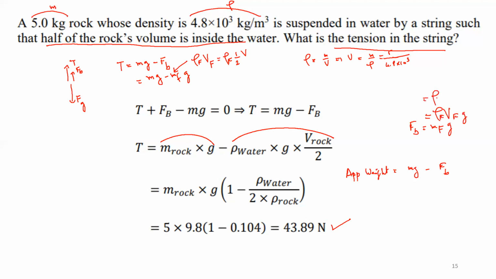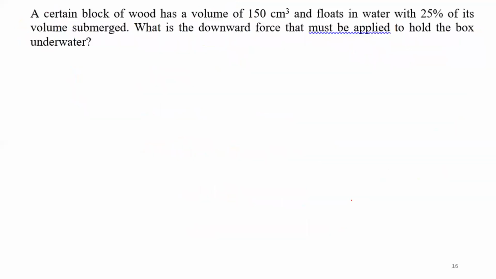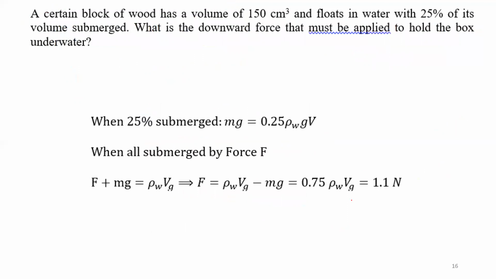So it will be rho f, which is water, vf, you know, it's half V, V being the volume of the object, multiplied by g, and it gives you this, and then you get your answer. So I can skip this problem as well because the solution is given and it's the same. Okay, here it floats. Okay.